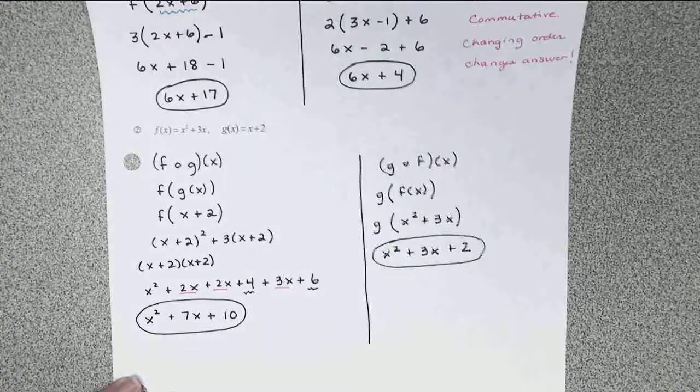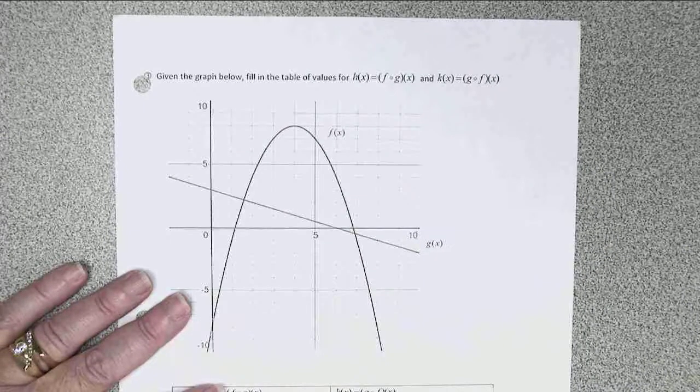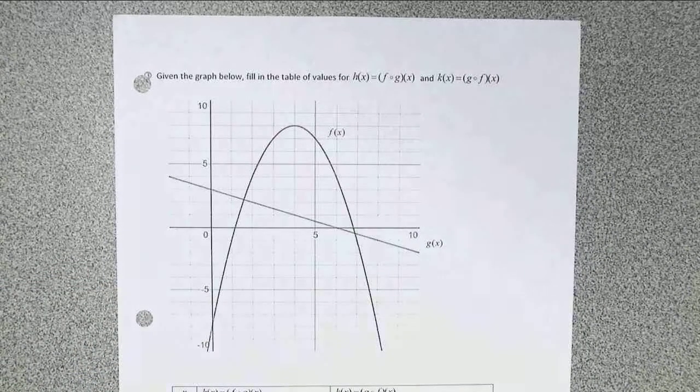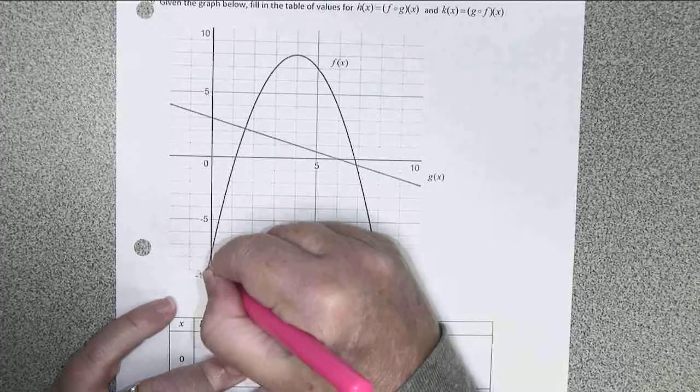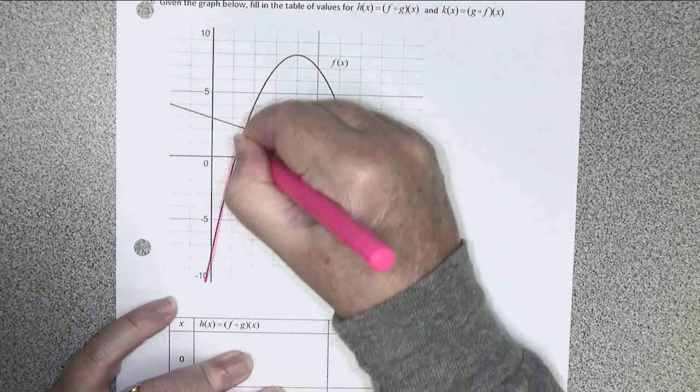All right, one last thing with composition. We've looked at the algebraic process for finding compositions, but we can also look at a graphical process for taking compositions. I have here two graphs, an F and a G, and just to make it a little bit easier to talk about them, I'm going to color code them here. Let's let F be the parabola.